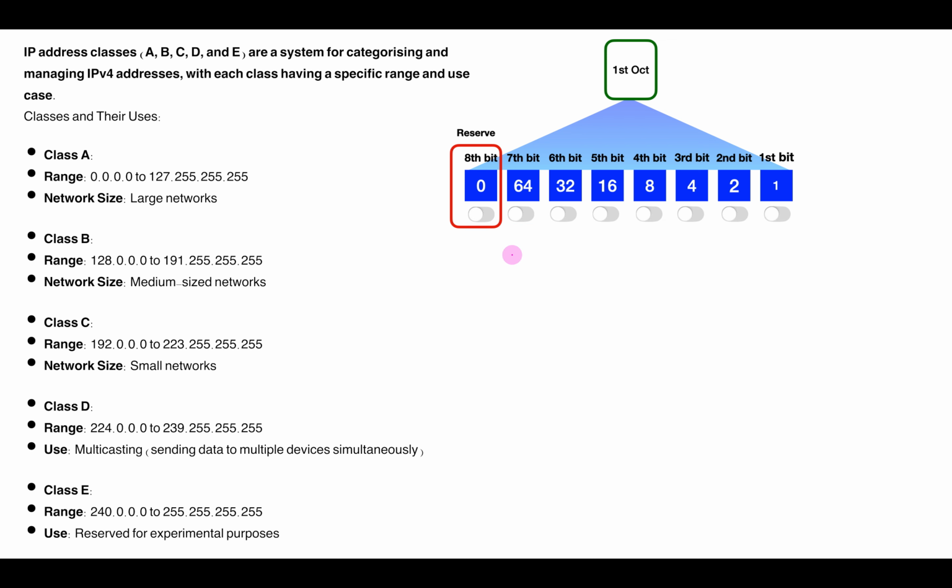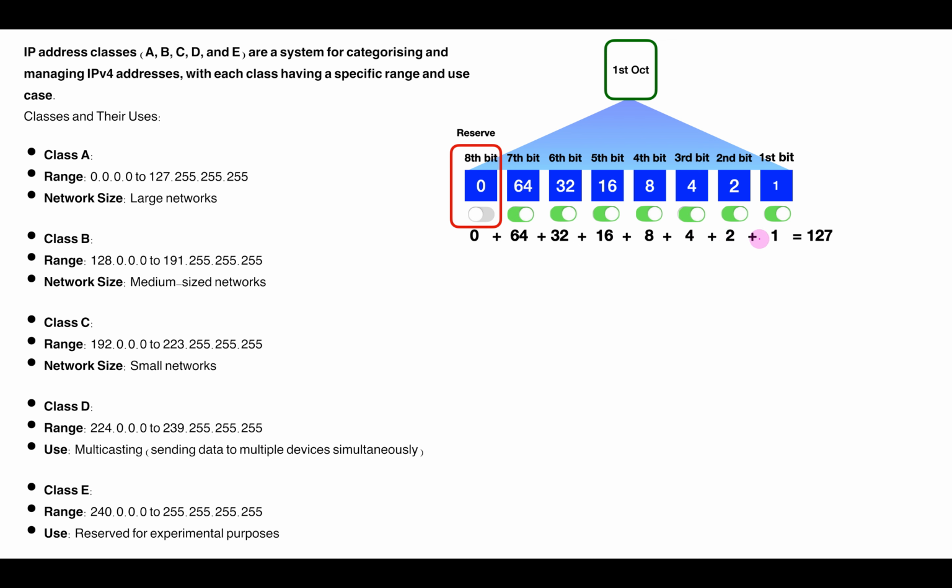If the remaining bits are off, the value will be 0, because this bit is anyway 0, right? If the remaining bits which are free for change are on, the values are predefined: 1, 2, 4, 8, 16, 32, and 64. Thus, the calculation will be 64 plus 32 plus 16 plus 8 plus 4 plus 2 plus 1, and the total will be 127.